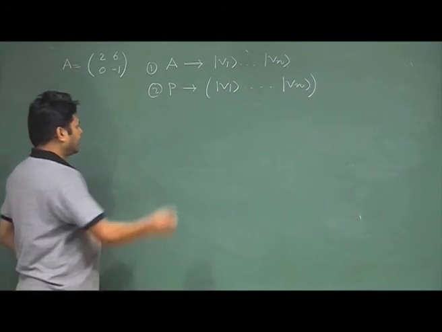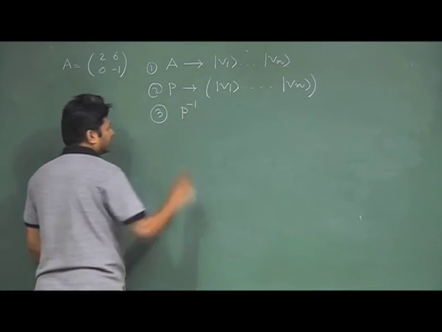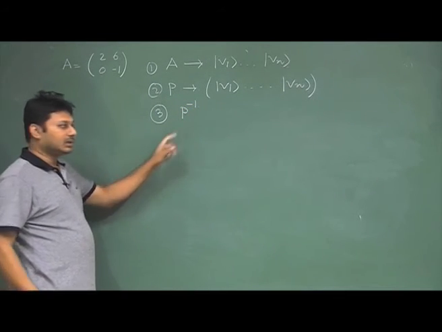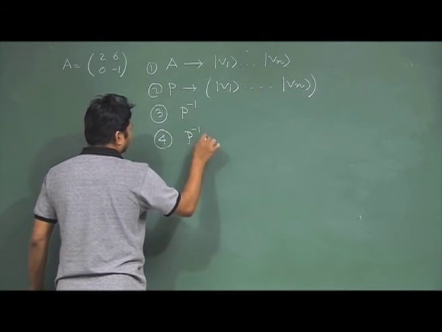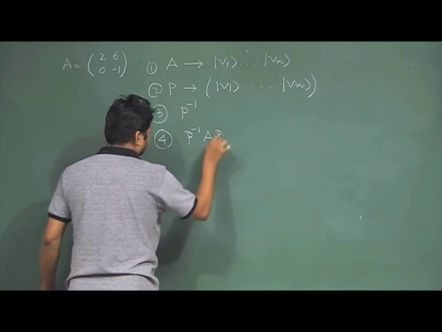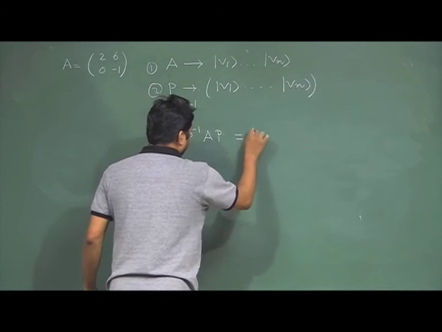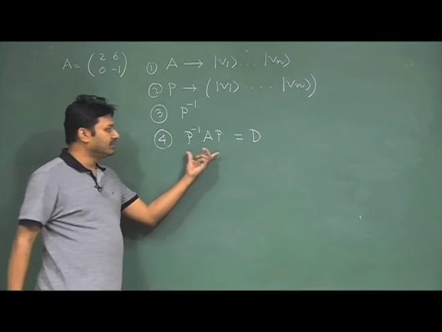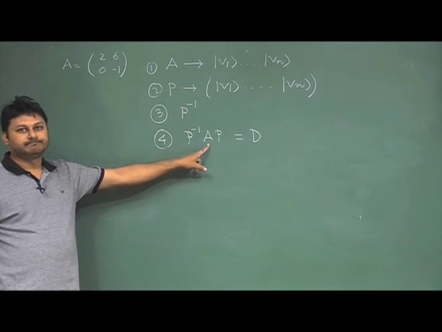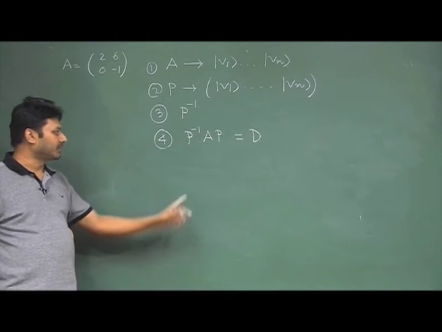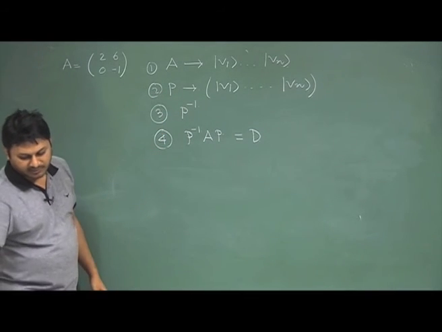Step 3, you find P inverse, and step 4, you make the similarity transformation P inverse A P, which gives you the diagonal matrix, where the diagonal elements are nothing but the eigenvalues of A. This is related to a similarity transform, and P is a matrix that you figure out with this recipe.